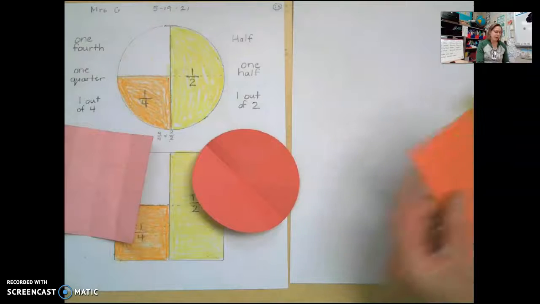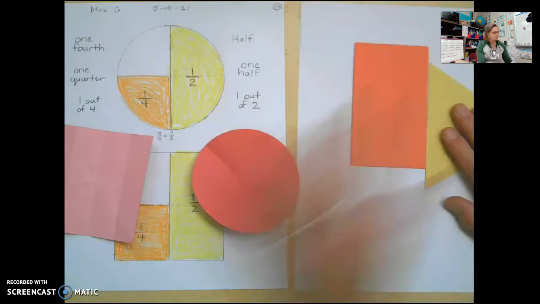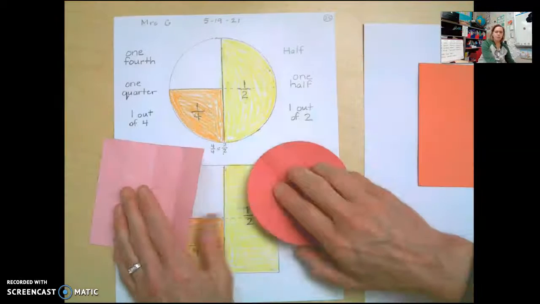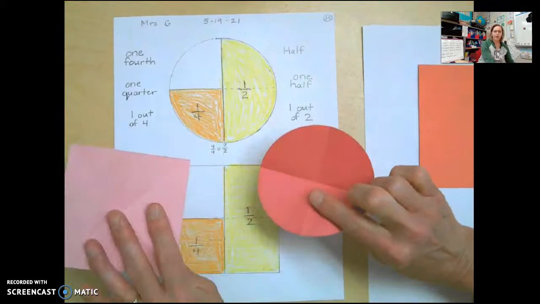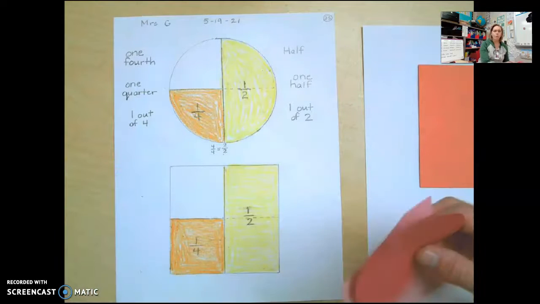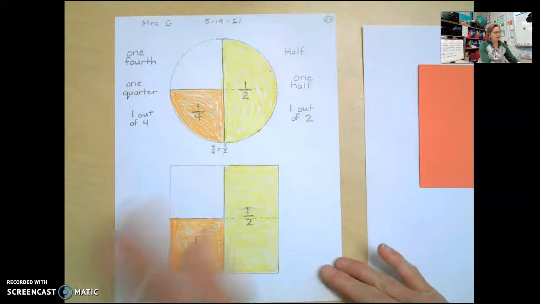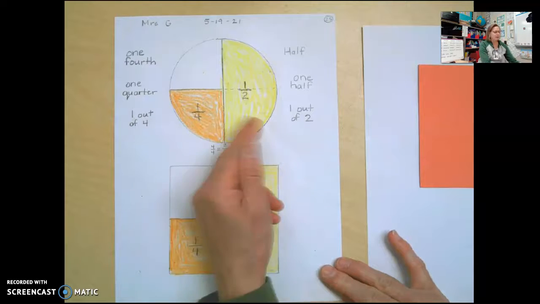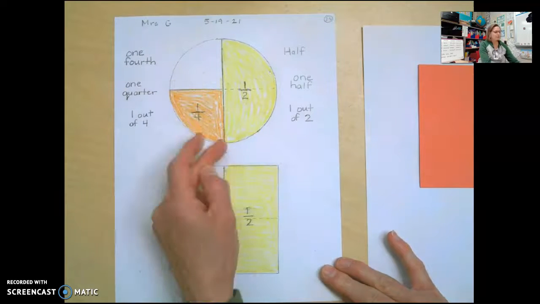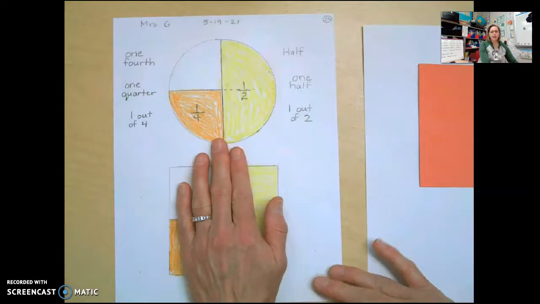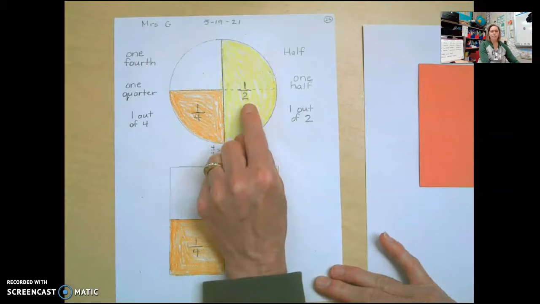So remember yesterday, just as a reminder, we worked on folding a circle and a square into halves and fourths. You can see that by folding it a second time, we made our fourths a little bit smaller. And isn't that interesting that when you fold it in half, you have a small number on the bottom.